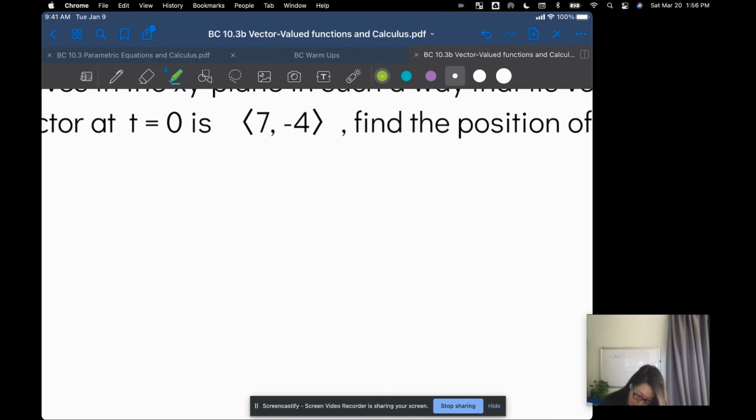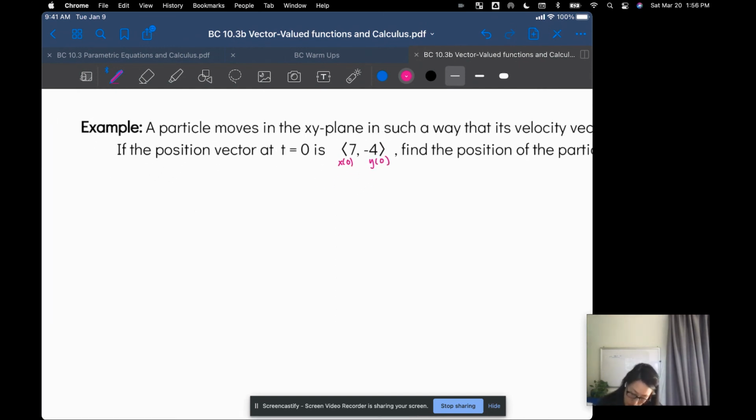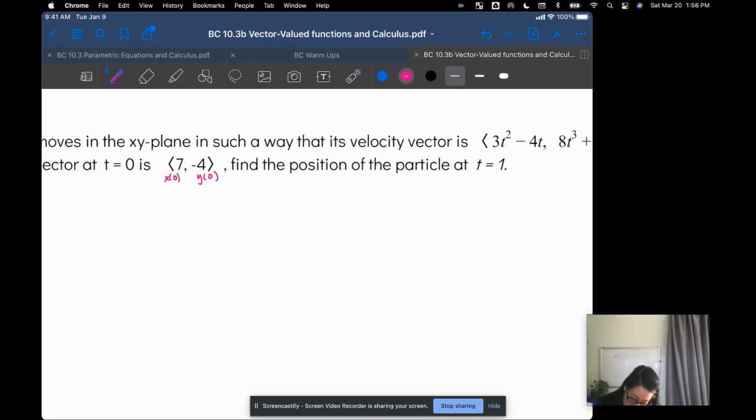Okay, that means the 7 represents x of 0 and negative 4 represents y of 0. So that is the position at time 0. And we need to find the position at time 1, which is x of 1 comma y of 1.